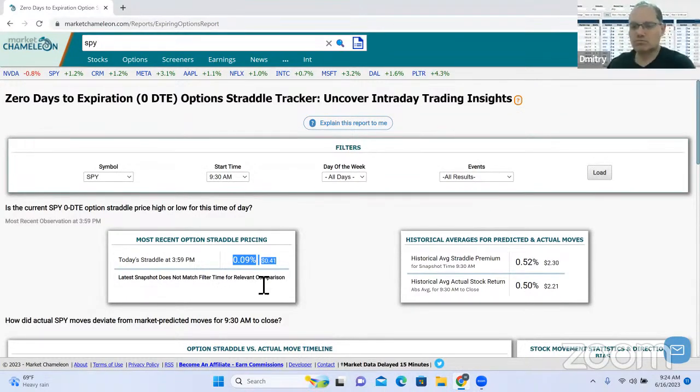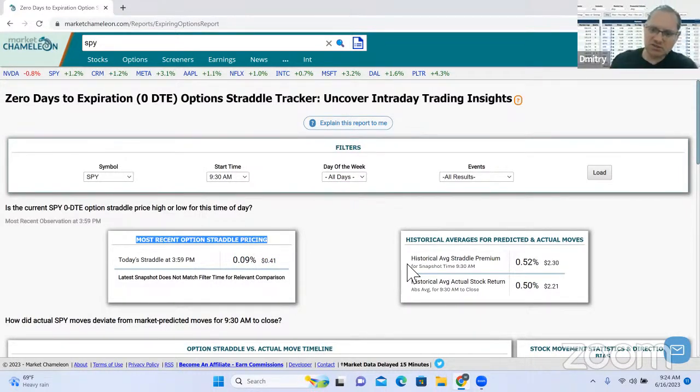Let's say they're 1.5%. I'm just making it up. Well, then it'll show you that based on history right now, the straddle is at a discount, 0.5%. And you can move these around by days of week, events, and so forth. So that's one analysis.